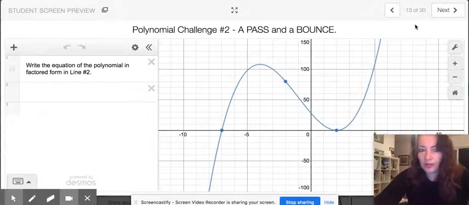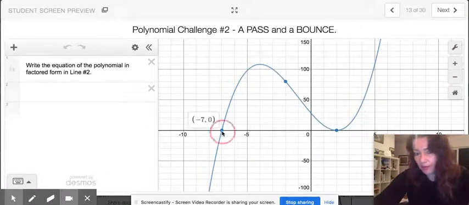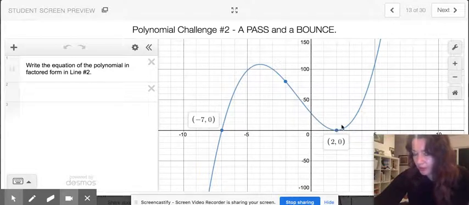Write the equation of this polynomial. All right, in this case, the graph passes through the point (-7, 0). It goes up and comes back down, touches the x-axis, but changes direction. So this is what we call a bounce. Recall, a bounce means that the degree has to be an even degree.